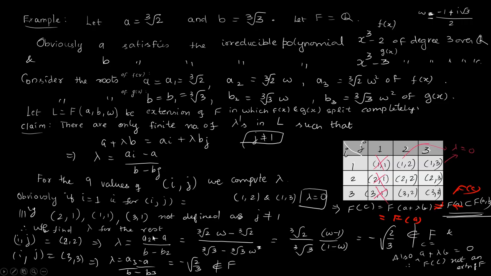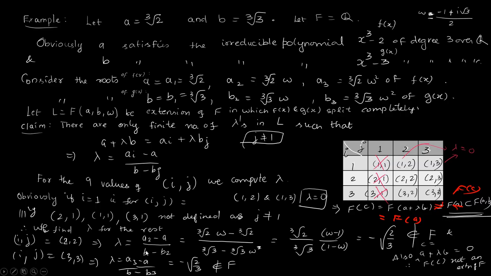Now we find lambda for the rest. We will finish off this case first and then go to the other. So when ij is the pair 2 comma 2, we have a2 minus a by b minus b2. a2 is taken as cube root of 2 omega, and a is cube root of 2.